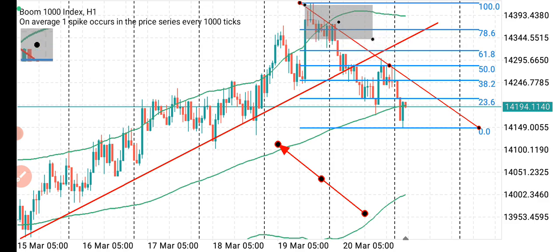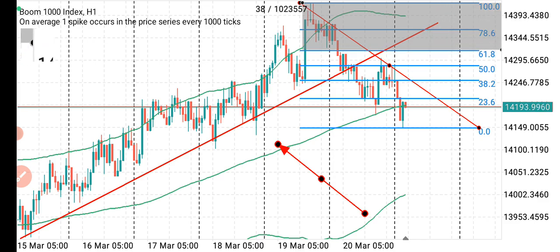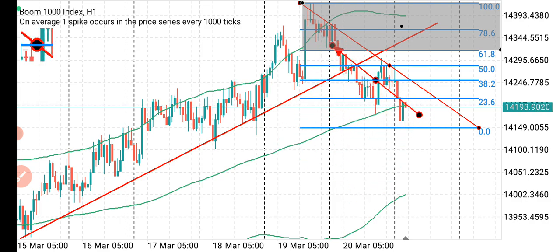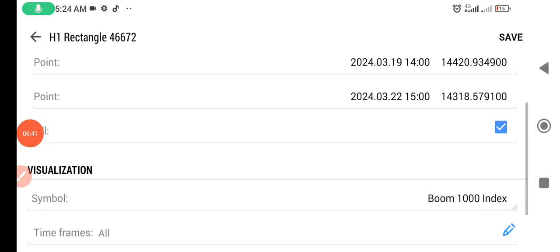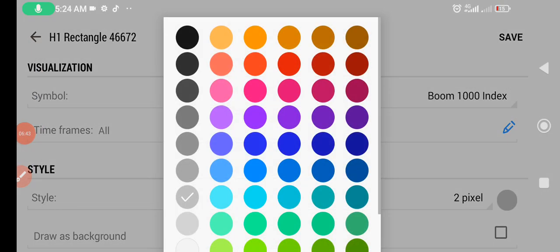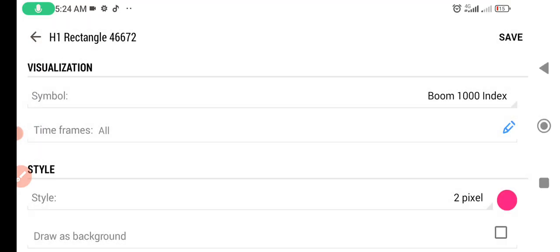So I will wait for price to come and fill in the shaded portion, but the imbalance is on this 1 hour candle, so I want price to come and fill, then I will sell from there. And if I am selling from there, it means my stop loss is around that zone.